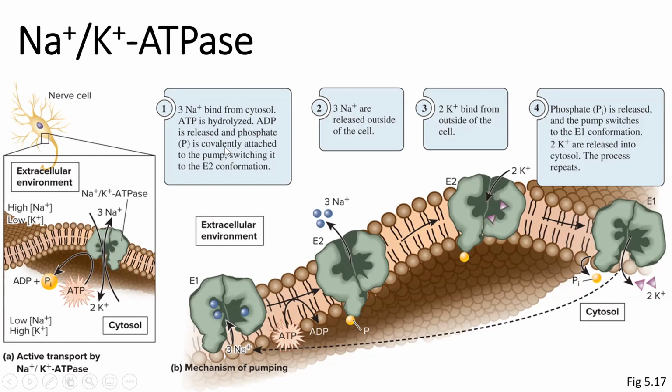I just want you to be aware that the sodium potassium pump is an example of an active transport mechanism. So what does that mean? It means that sodium and potassium, those ions, are going against their respective concentration gradients. That means they require ATP. And this happened to be the ATPase, okay?